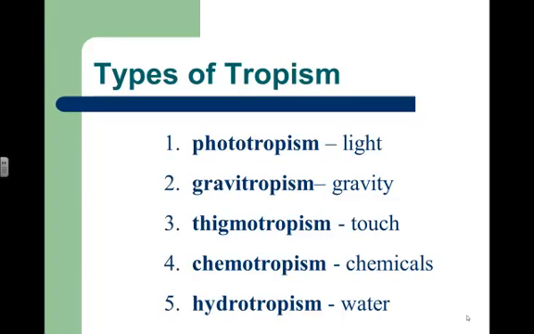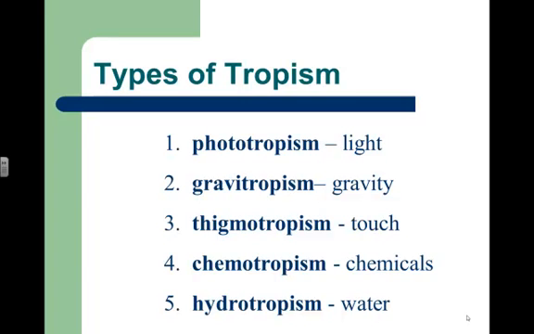So there are 5 kinds of tropism based upon what that environmental stimulus is, that physical stimulus. Phototropism is in response to light, growing toward it or away from it. Gravitropism is a response of growing toward gravity, toward the center, that pull to the center of the earth, or growing away from it.